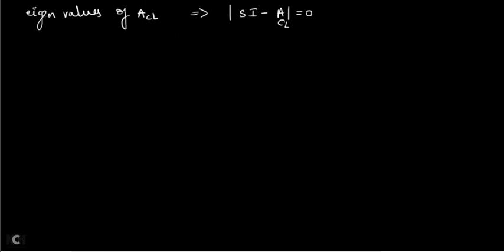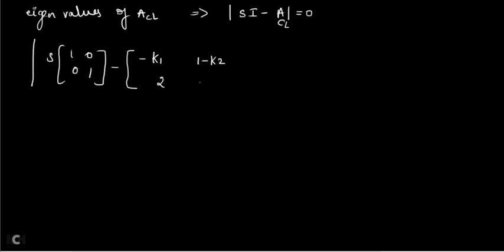Now you substitute determinant of s into the 1 0 0 1 identity matrix minus ACL. The ACL matrix is given by minus K1, 1, minus K2, minus 1 2. Determinant is equal to 0.